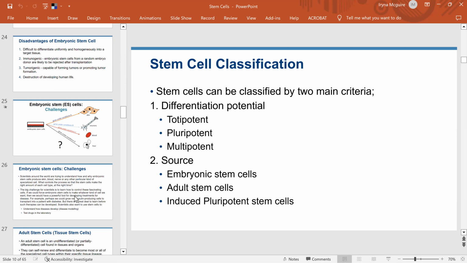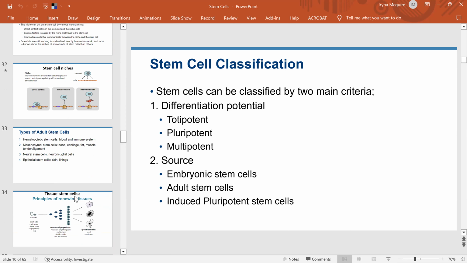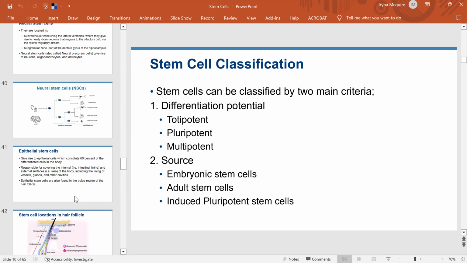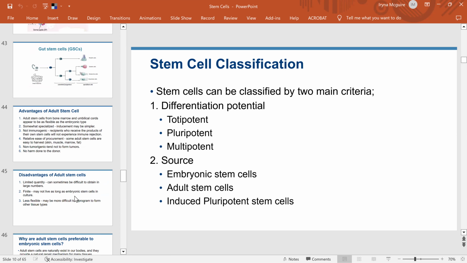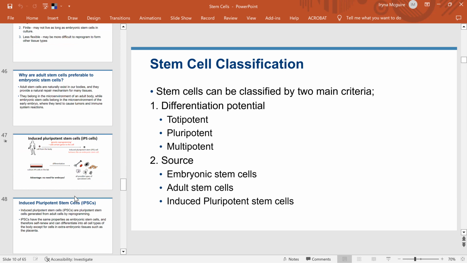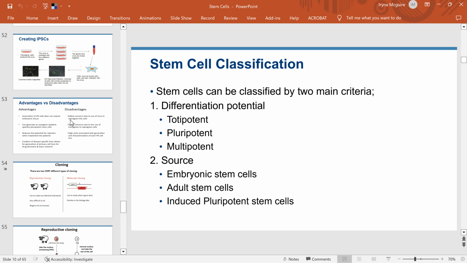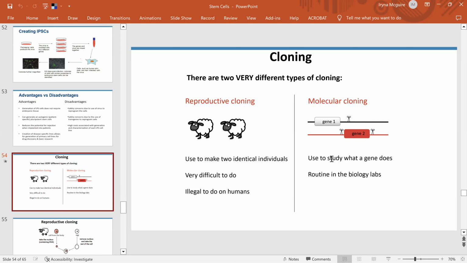But today we're going to start with a slide kind of where we stopped last time, and we will talk about cloning. Okay, so here. Now, what is cloning? Cloning is the growing of an organ or entire organism from a single cell.